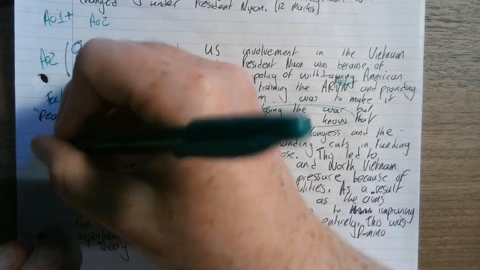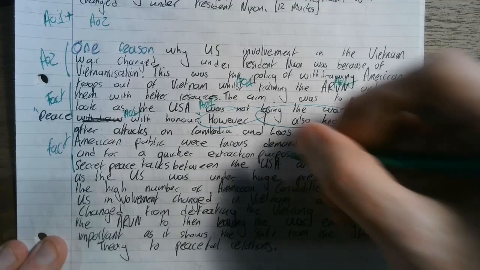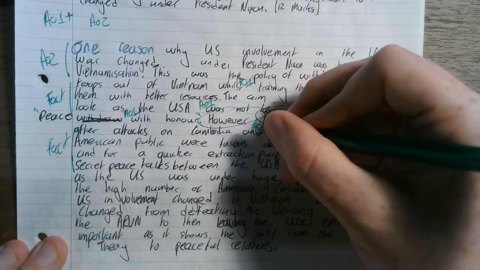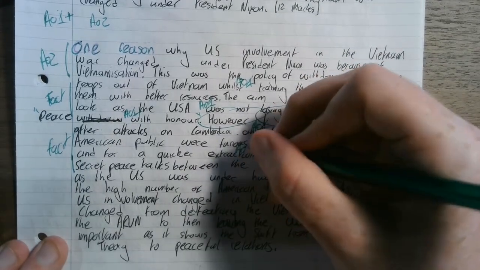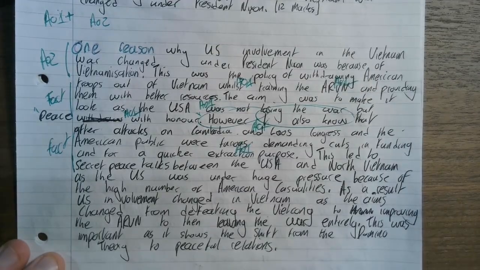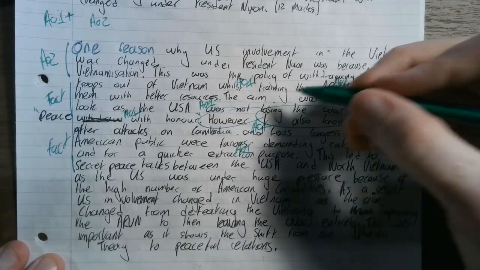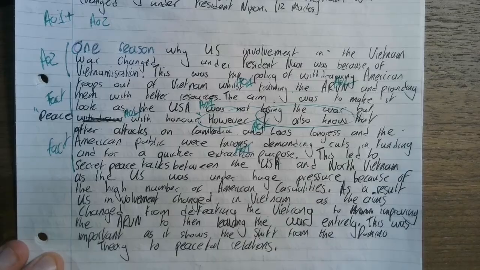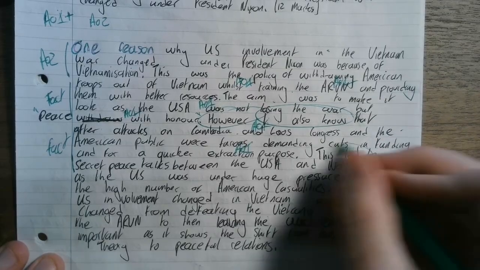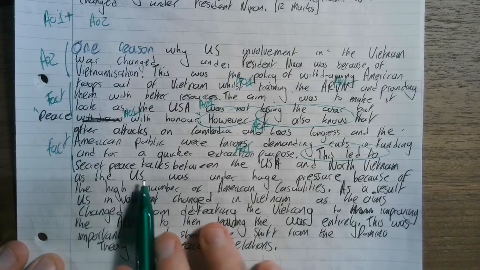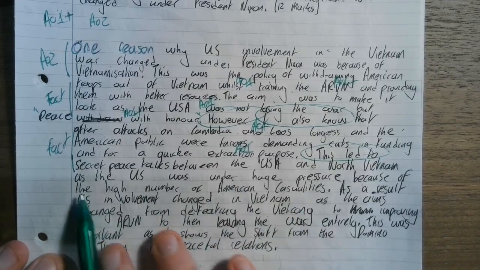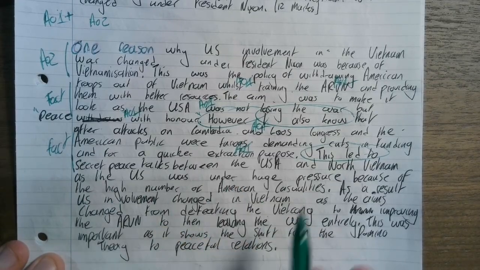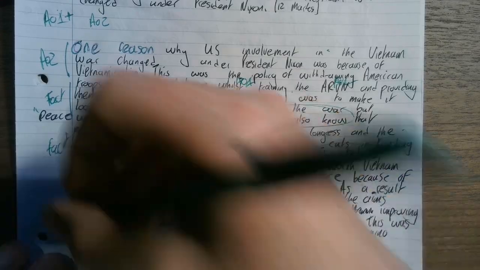That's my second fact, AO1. I presented my reason and brought my second fact. What that does is allow me to go on to explain how it changed. This led to secret peace talks between the USA and North Vietnam, as the US was under huge pressure because of the high number of American casualties.